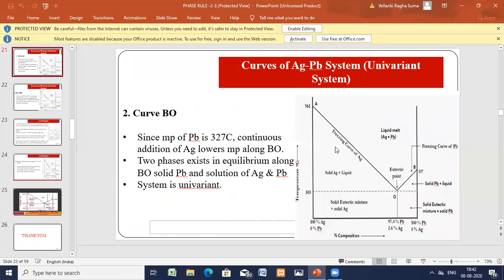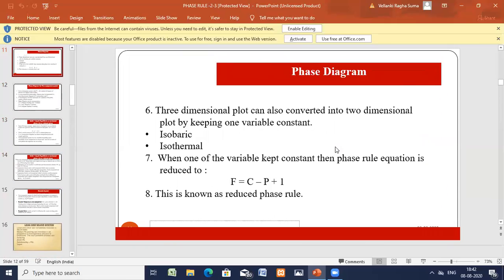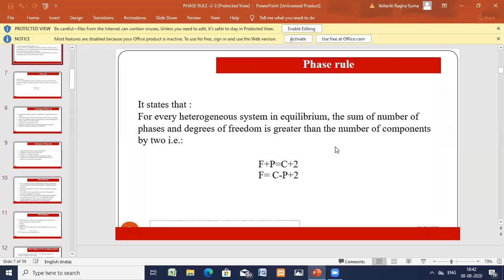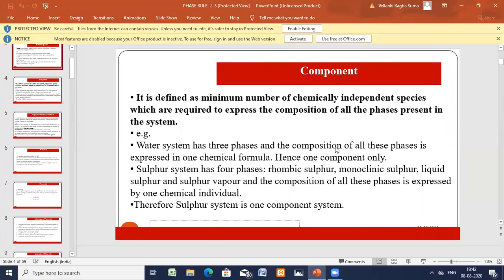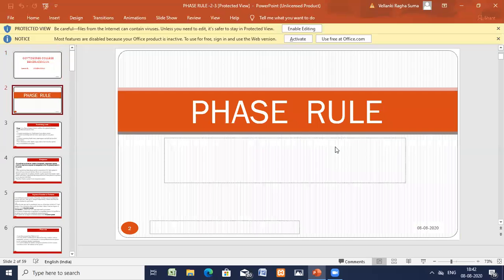In today's session, before coming to the two component system, I revised what the phase rule is. F plus P is equal to C plus 2.